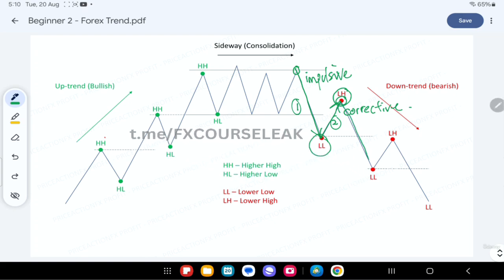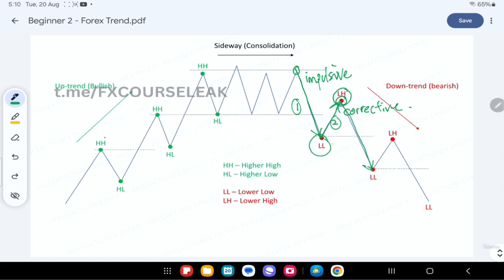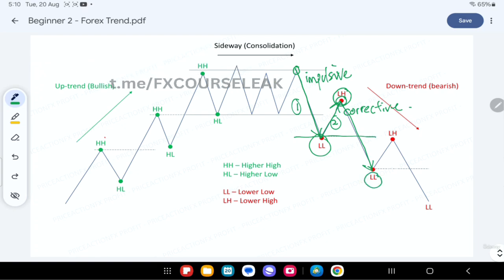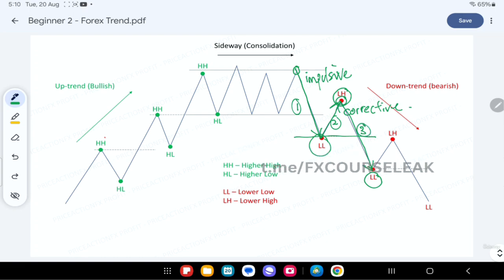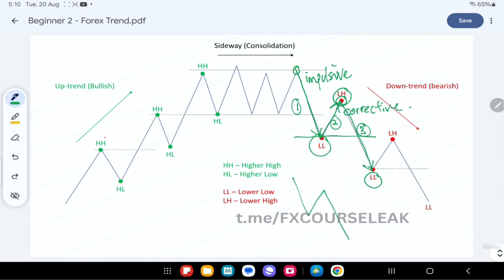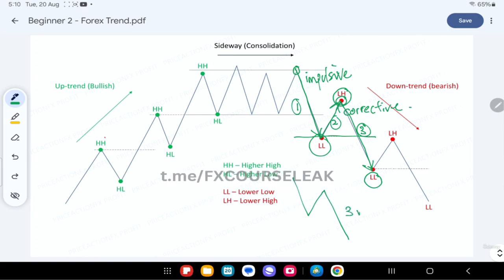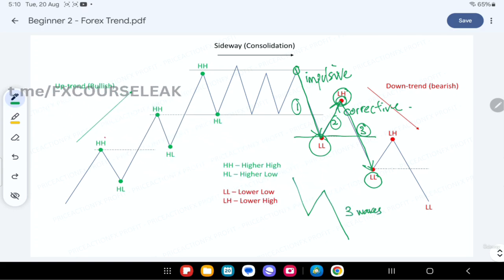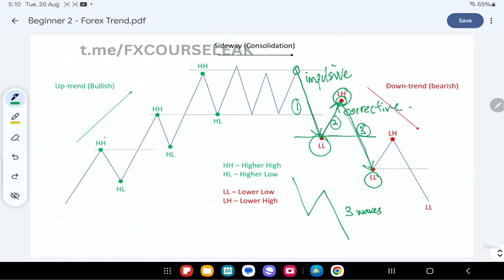So this third wave comes down, breaking the previous lower low and forming a new lower low. So now this is the third wave. So we have 1, 2 and 3, the lightning shape. So now we have 3 waves here. So that's where your bearish trend started.